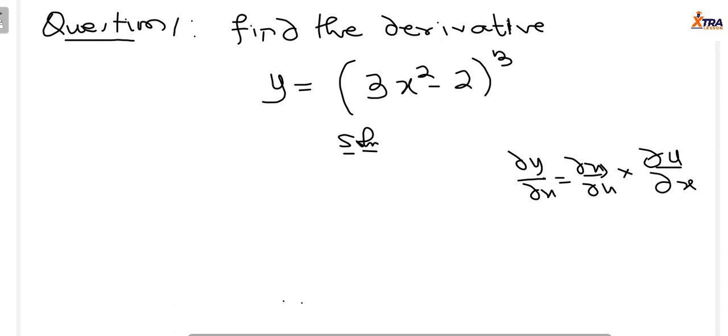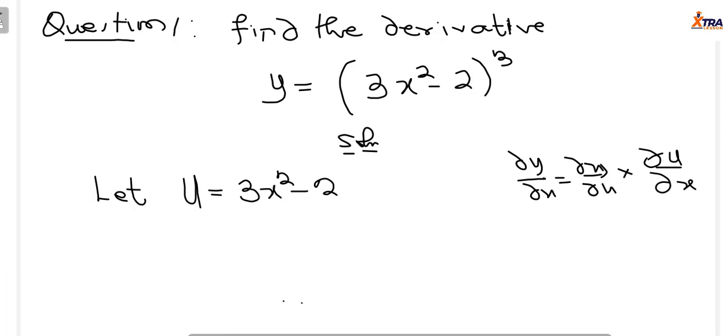So now I will assume, let what is inside the bracket, which is 3x² − 2, equal to u. Let u equal 3x² − 2. So in this we now have u and x, with the help of which I can get my du over dx.